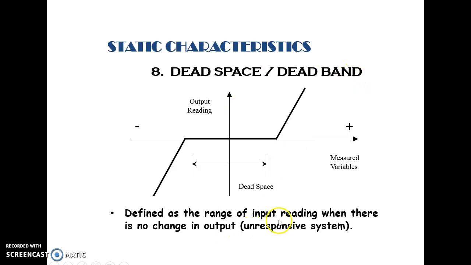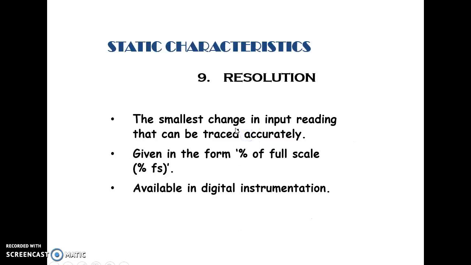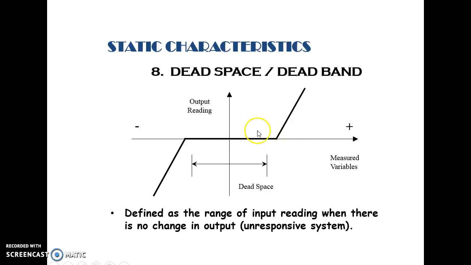It is defined as the range of the input reading when there is no change in the output. Whenever you are changing input, the output should change. But if even though you are changing input, there is no variation in the output, you can call this dead space or dead band.